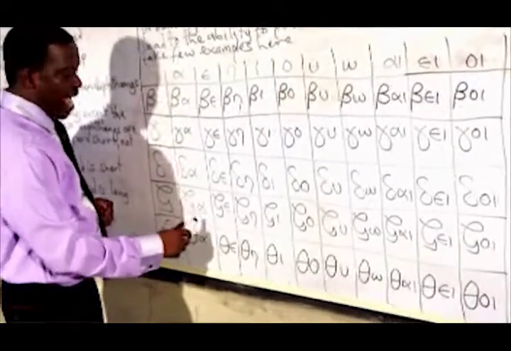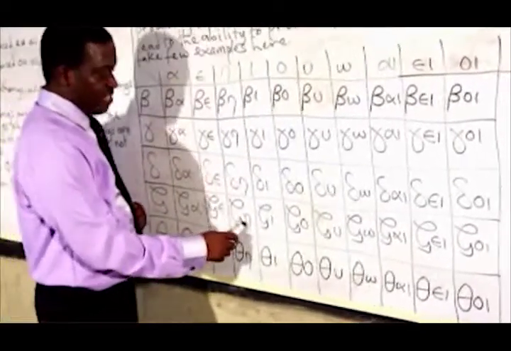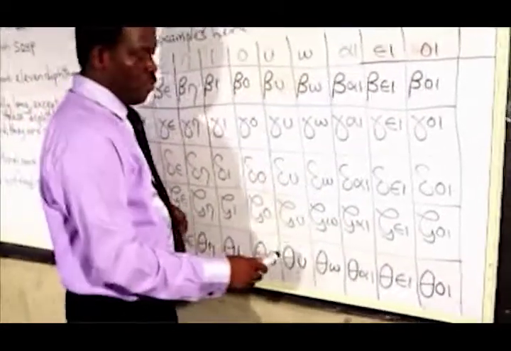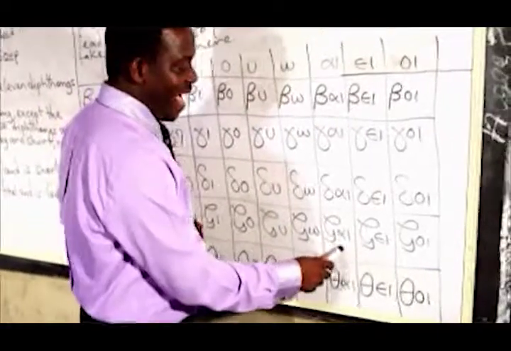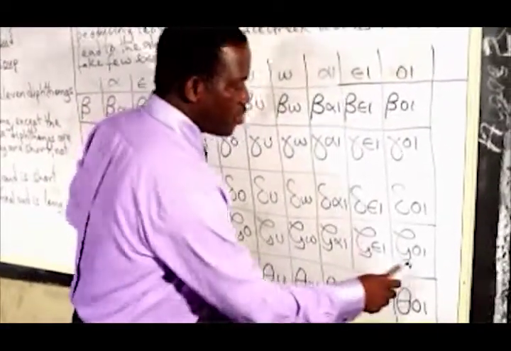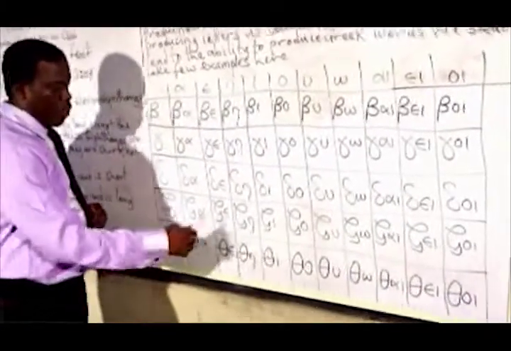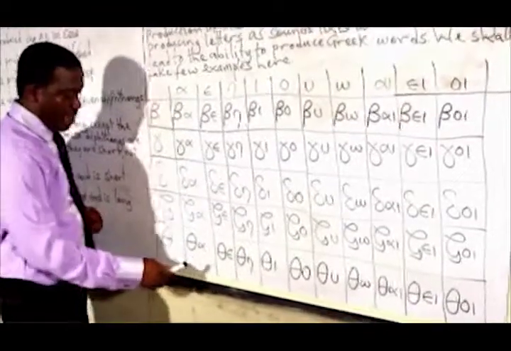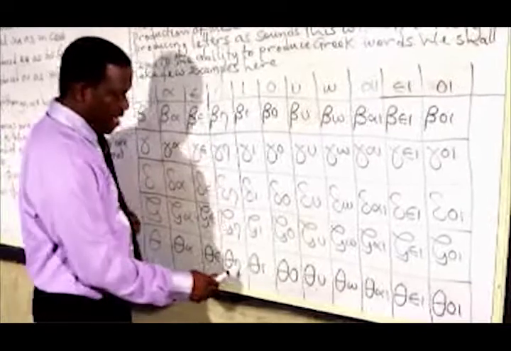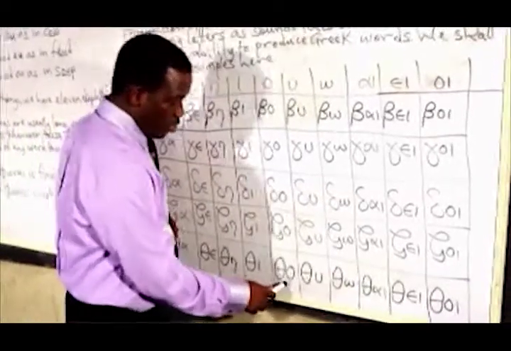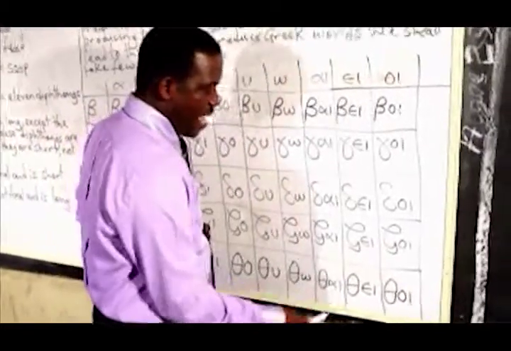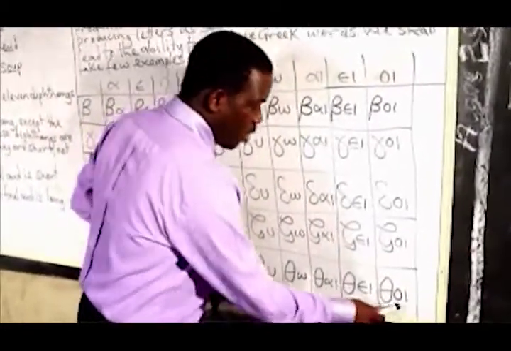We have za, ze, ze, zi, zo, zu, zo, zai, ze, zoi. The last one on the board is theta with the vowels and diphthongs. Here we have ta, te, te, ti, to, tu, to, tai, te, toi.